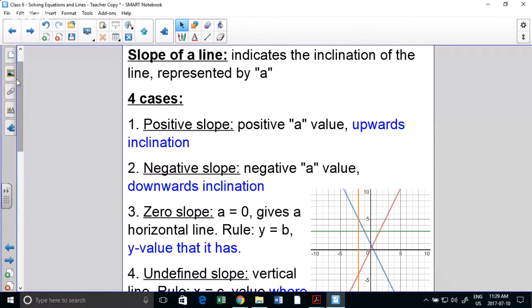The blue part is missing. I know it's not new, and I know you've probably seen this in depth in Sec 3, but it's important for a lot of analytic geometry stuff. So we're just going to take a quick look at it.